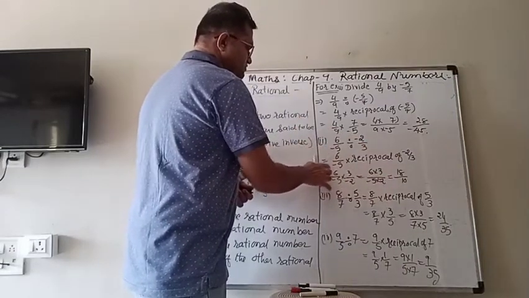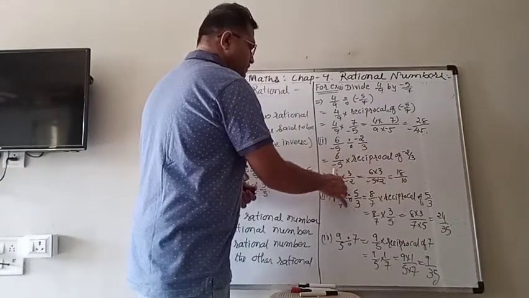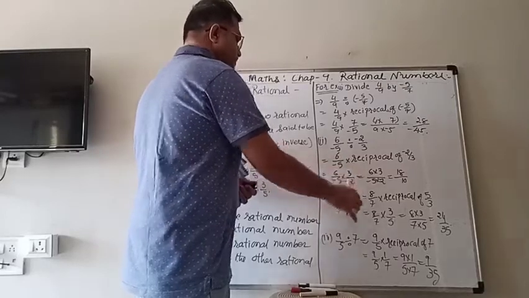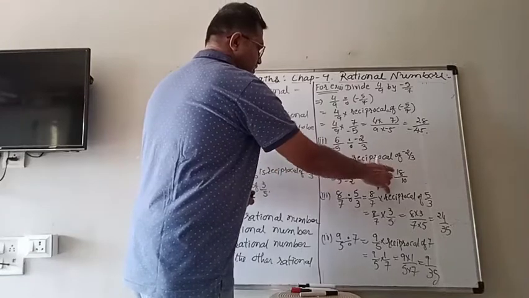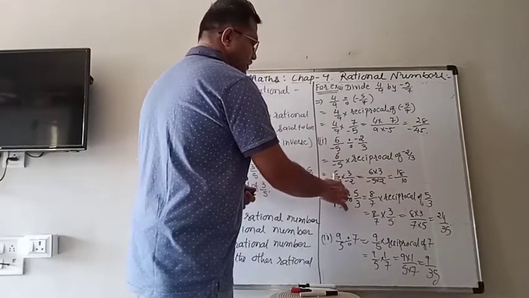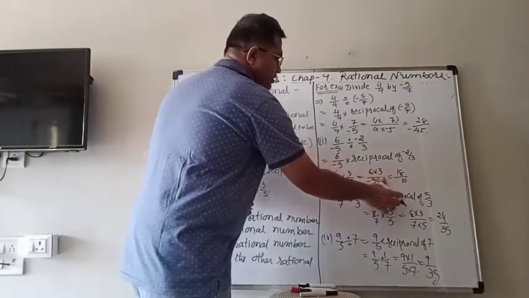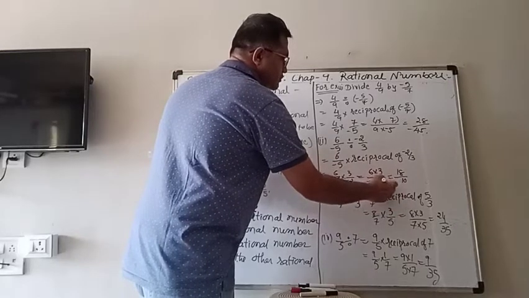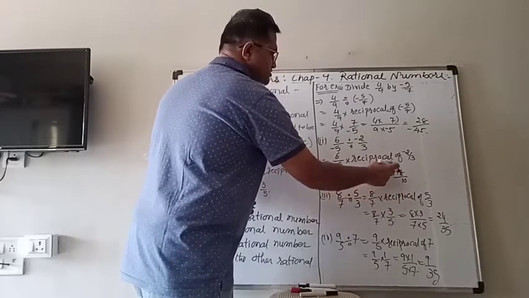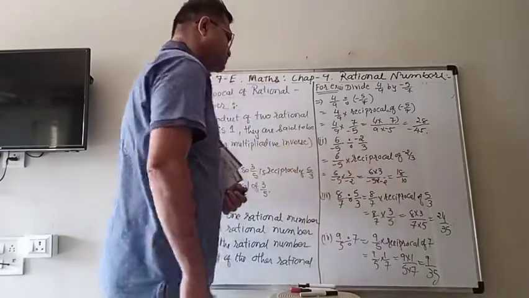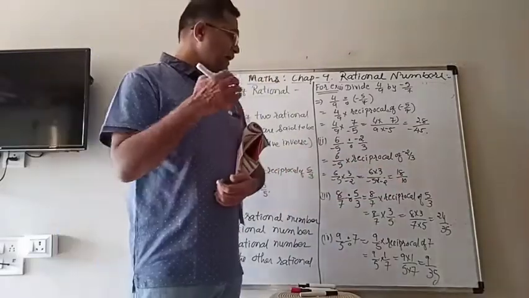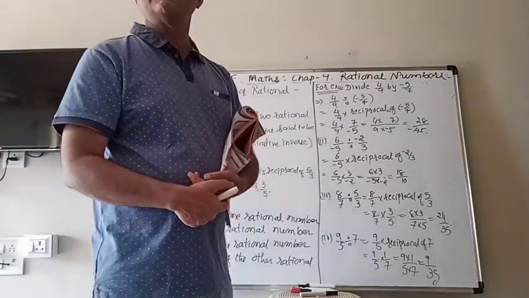So we write down 6 upon minus 5 multiplied by 3 upon minus 2. Then numerators are multiplied, 6 multiplied by 3, and denominators minus 5 multiplied by minus 2. And we know that 6 3s are 18, 5 2s are 10, but minus minus becomes plus again. So your answer is 18 upon 10.